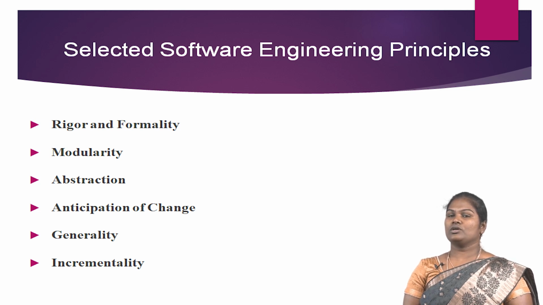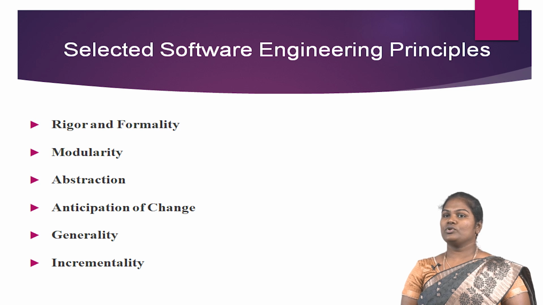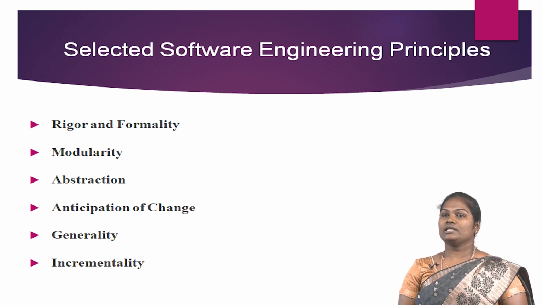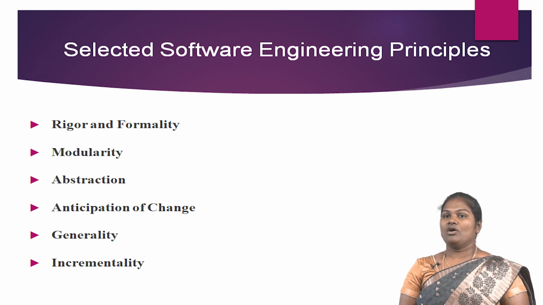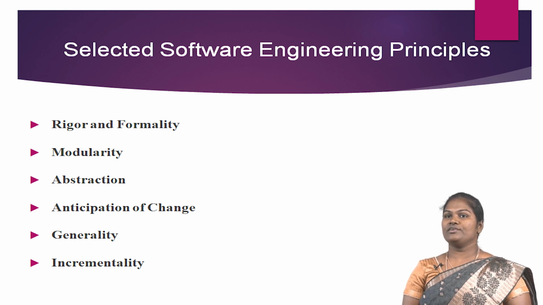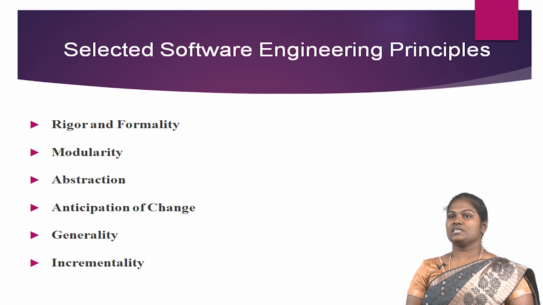It is only through a rigorous approach that we can produce more reliable products, control their cost, and increase our confidence in their reliability. Various degrees of rigor can be achieved. The highest degree is what we call formality. In every engineering field, the development process proceeds as a sequence of well-defined, precisely stated steps.